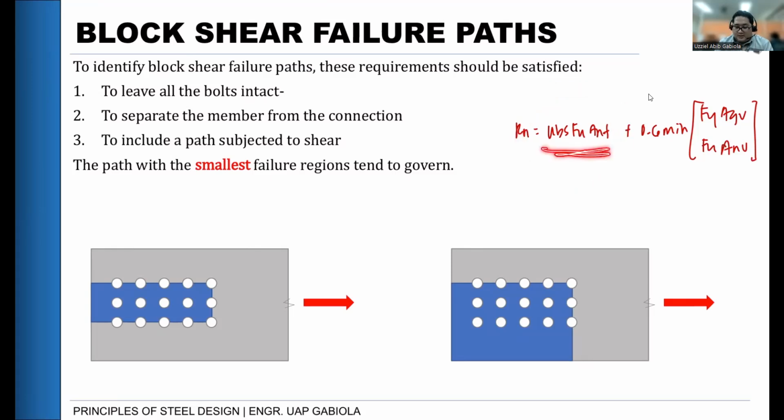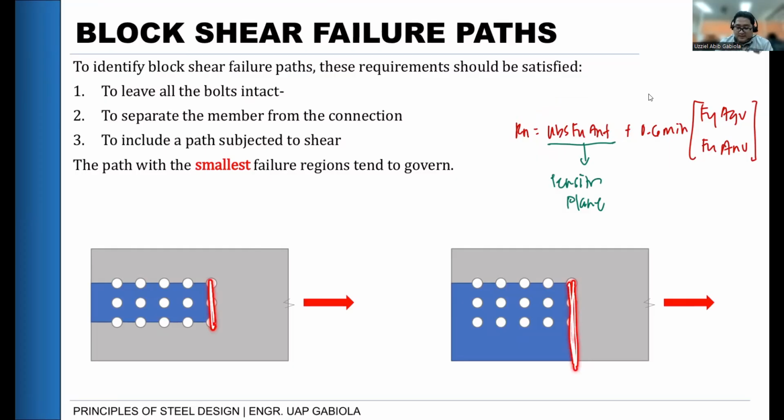Okay? Ito yung sa tension plane capacity. And when we look at the two diagrams, ito yung tension plane nung una, then yung pangalawa, tension plane ito.